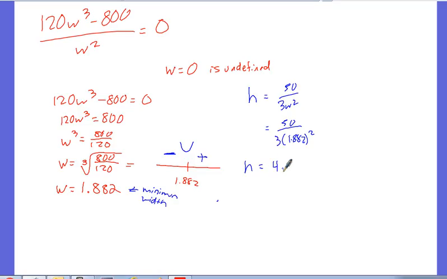We'll say 4.706. Okay? And then what about my length? My length is 3w, so therefore my length is 3 times 1.882. Therefore my length is what? 5.646. Okay?